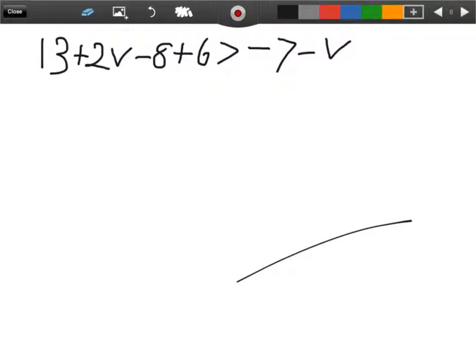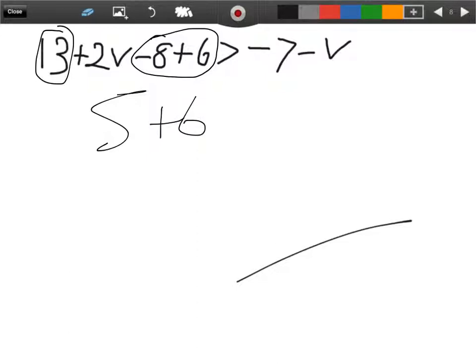On this, we have to combine like terms first. You combine 13 and -8 plus 6. 13 minus 8 is, let me think, 5. Plus 6 is 11. 11 plus 2v is greater than -7 minus v.